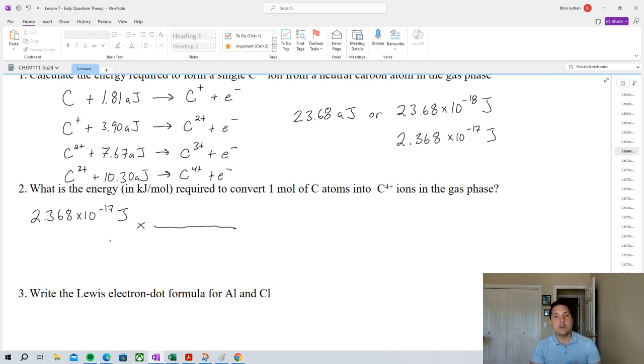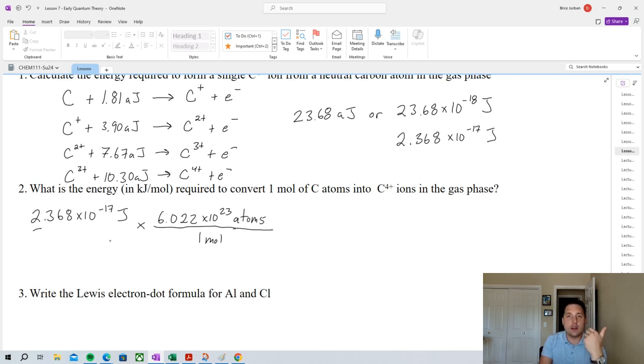All right, so what we need here is the conversion factor between atoms and moles, and that is Avogadro's number. So there are 6.022 times 10 to the 23rd atoms per mole.